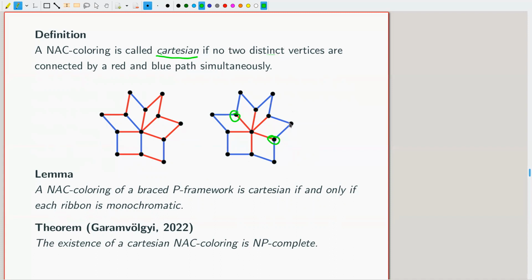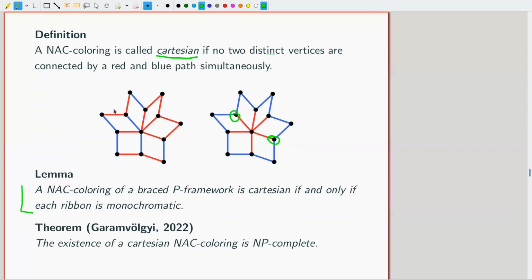So it's not Cartesian. For the other graph, you would have to check all the pairs to see whether it's Cartesian or not, or use some equivalent formulation of the definition. If you specify that you work only with ribbon cutting graphs or with P-frameworks, then it's easy to check whether a NAC-coloring is Cartesian or not, because it's Cartesian if and only if each ribbon is monochromatic.